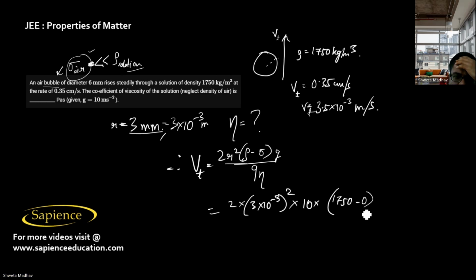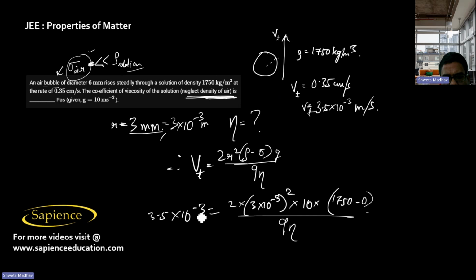Here it is told to neglect the density of air also. By 9 eta, that is the terminal velocity, 3.5 into 10 power minus 3.